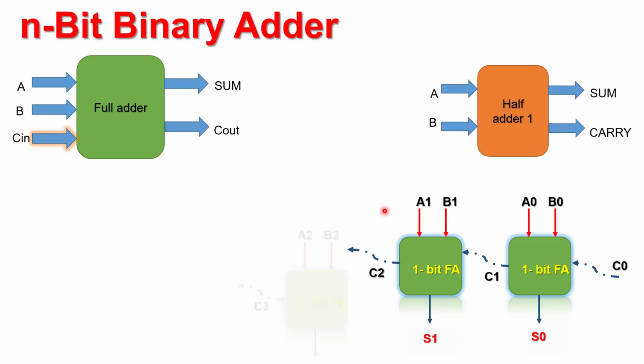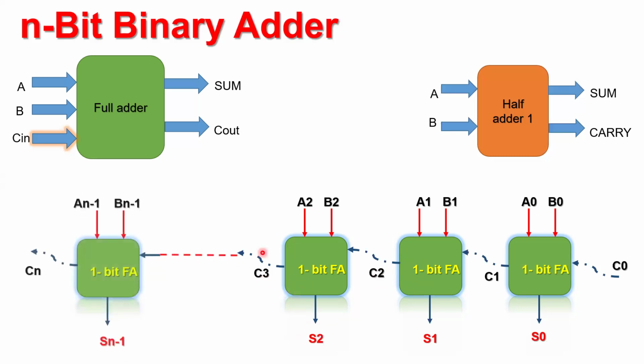Then you keep on cascading such full adders. This is the third stage, which has inputs A2, B2, and the third input is C2, which is the carry output of the second 1-bit full adder. It has two outputs, C3 and S2.